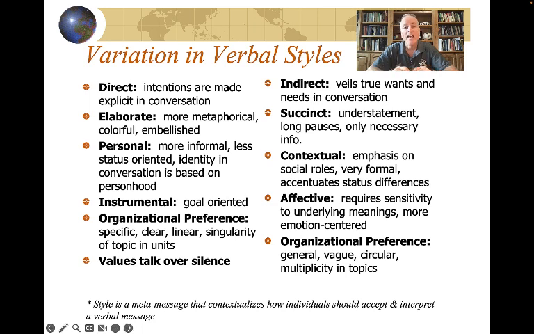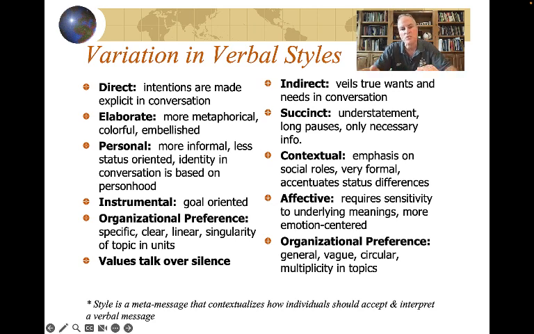Instrumental affective has to do with emotional versus, say, task-oriented or goal-oriented. So the instrumental style is somebody who is more task focused and goal-oriented in their style. Affective is you're going to be more aware of the emotional undertones of the situation, more sensitivity to how things are said as opposed to just saying it, right?